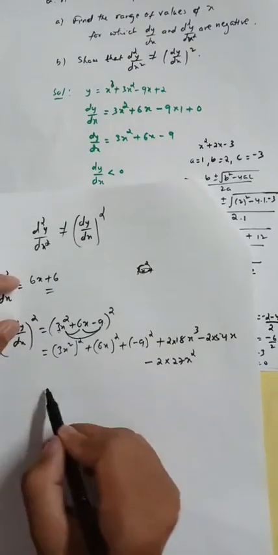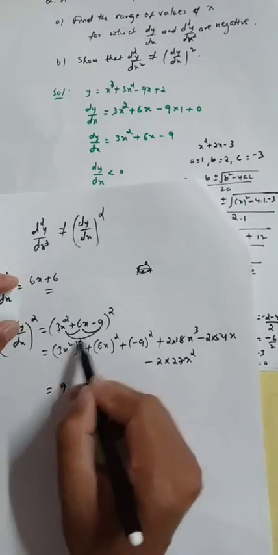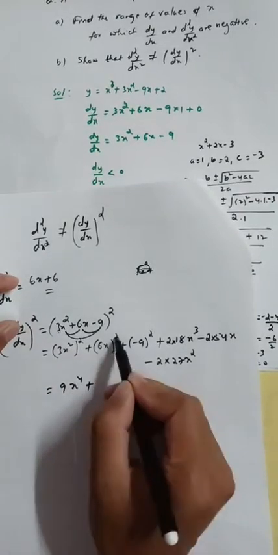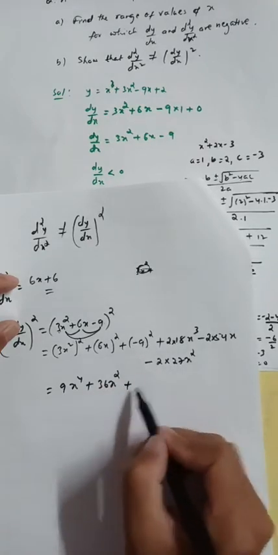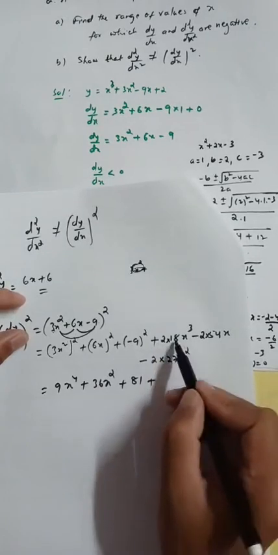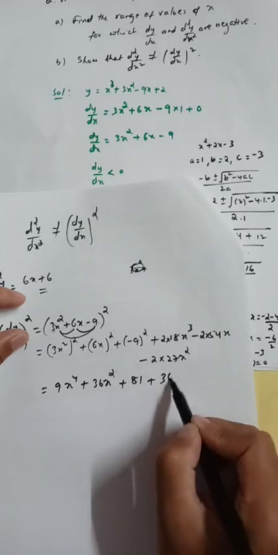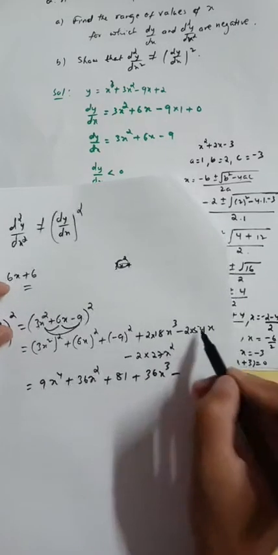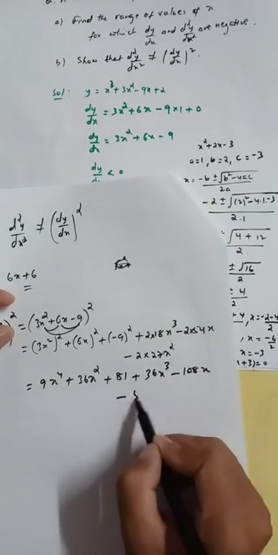So 3 square is 9 x square whole square is x raised to 4, plus 6 square is 36 x square, then negative 9 square will give you 81, plus 36 x cube, then minus 108 x, and minus 54 x square.